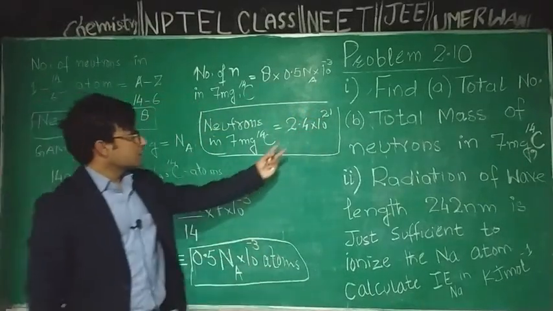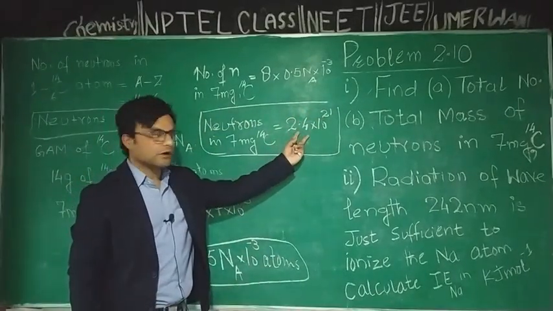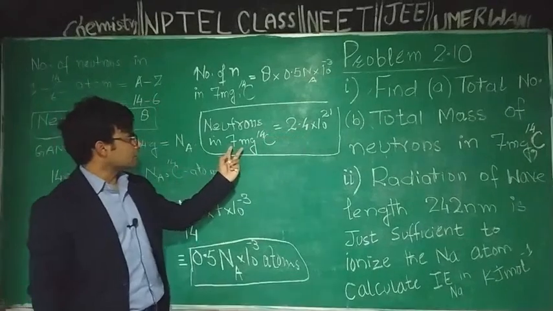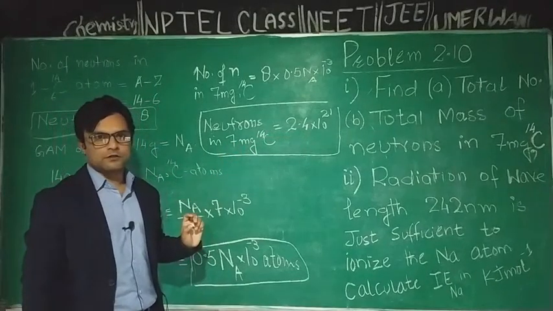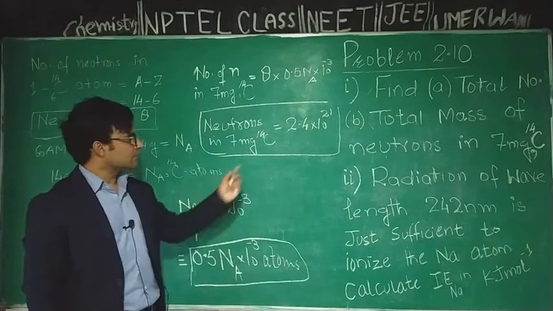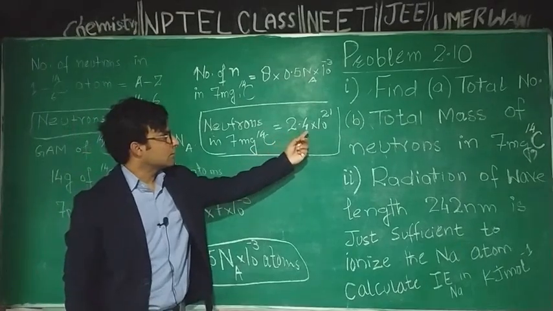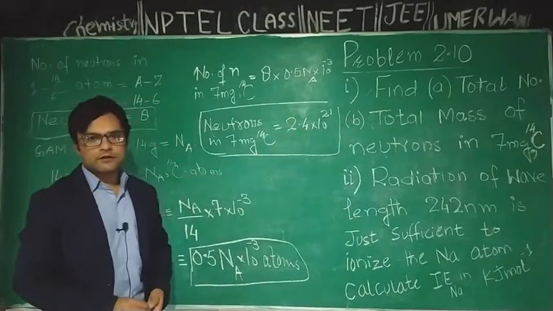These many neutrons are present in 7 mg of carbon 14. 7 milligrams of carbon 14 contains 2.4 into 10 to the power 21 neutrons.